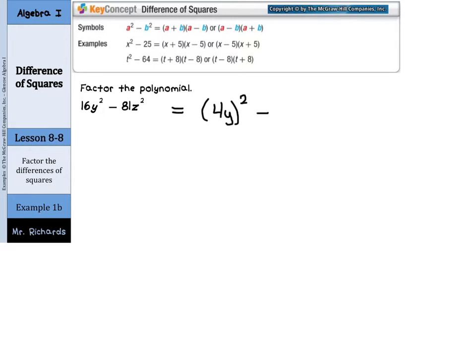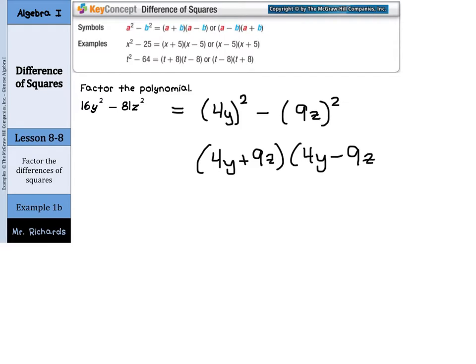Well, we can write that as 9z squared. That's in the a squared minus b squared form. So now, to finish up, we could just write this 4y plus 9z times 4y minus 9z. And that's my factored solution.